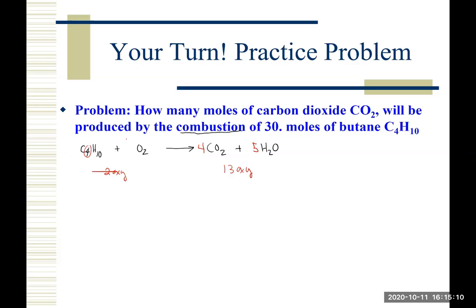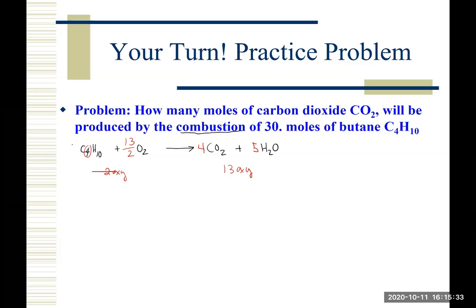So we resolve this by putting 13 halves here. And we put 13 halves there because we know the 2's are going to cross cancel. But we have to multiply this entire reaction equation through. All the stoichiometric coefficients have to be multiplied through by 2.